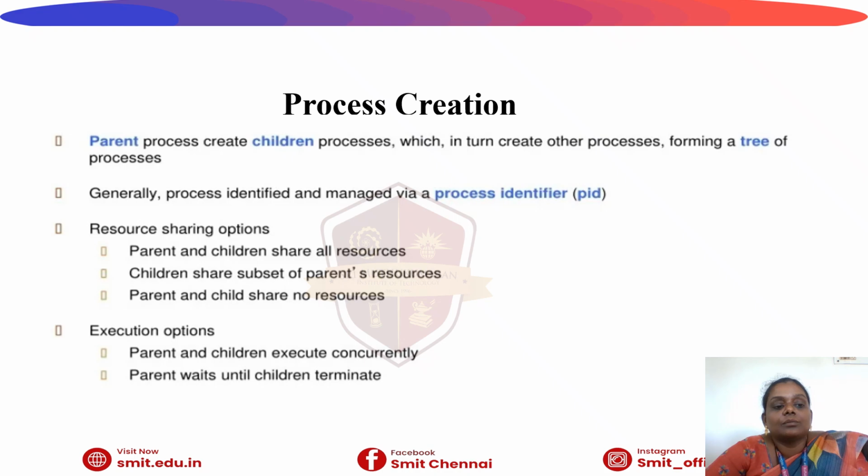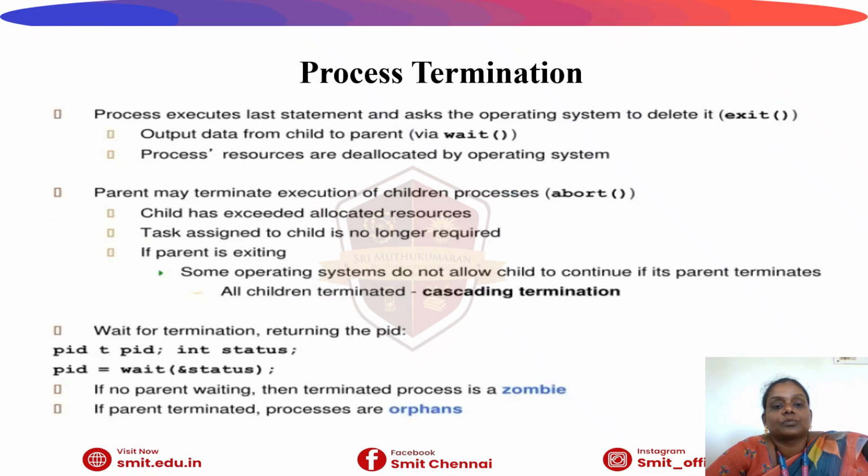For example, when the browser opens a new tab, the new tab is called a child process. Process termination: a process ends when the task is completed, an error occurs, or the user closes the application. So this is process termination. For example, closing the YouTube application means the process is terminated.